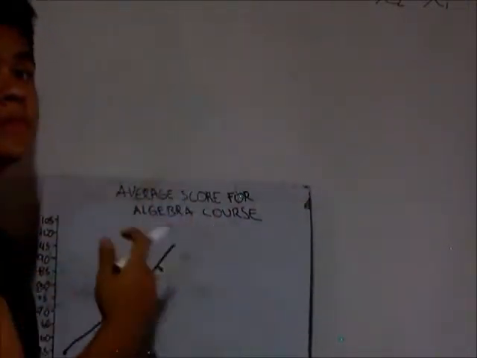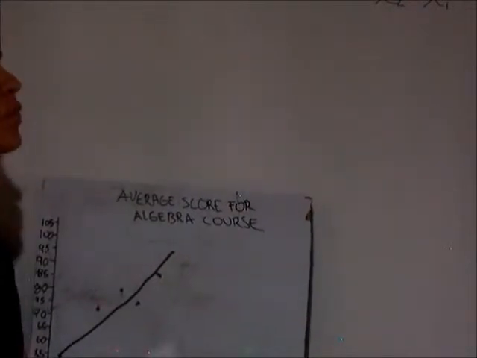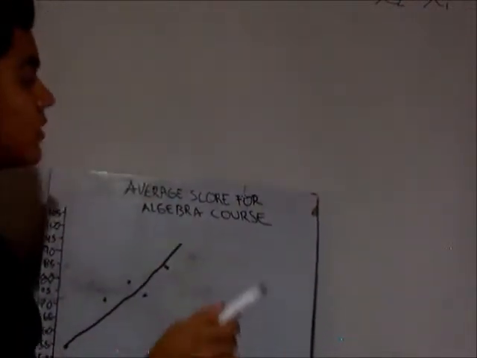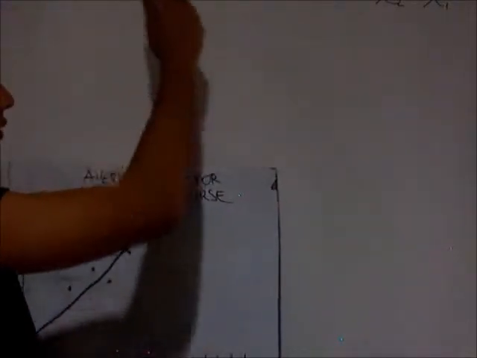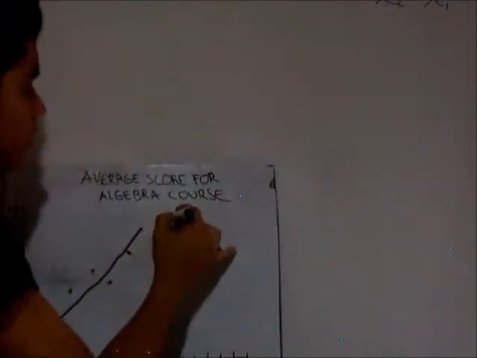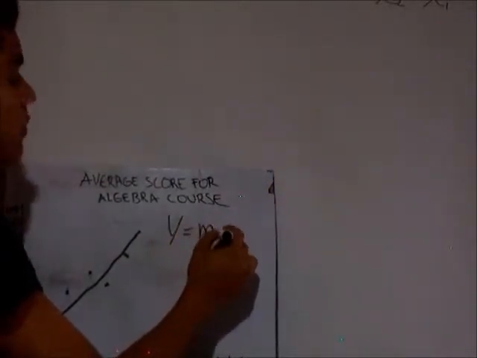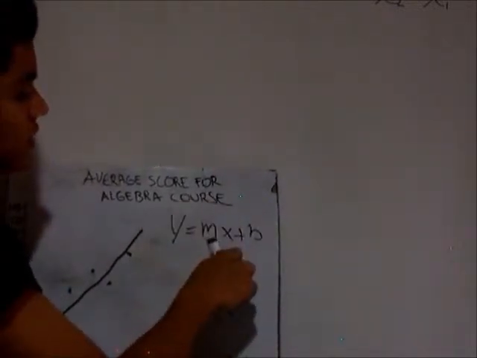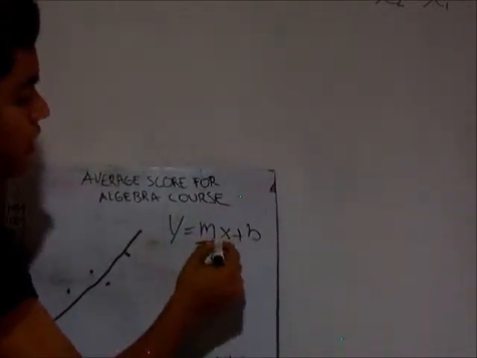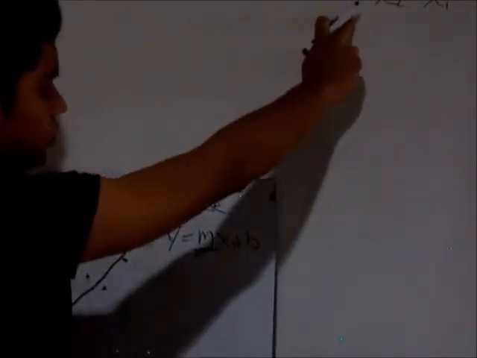Letter C. Find an equation for the line you sketched in part B. The equation that we will use is y is equal to mx plus b. But before we use this equation, we first have to find m. So we will use first this equation.